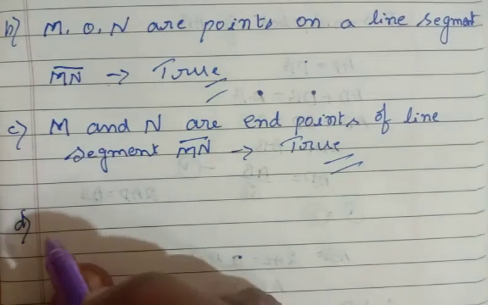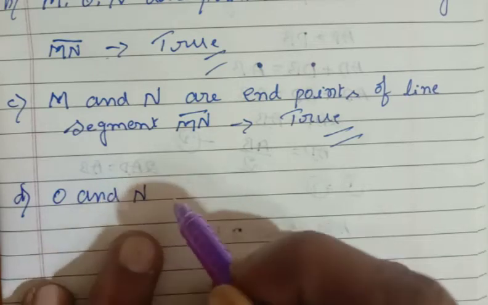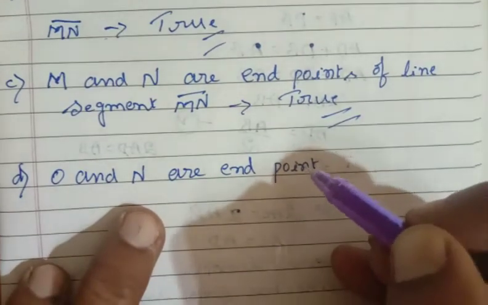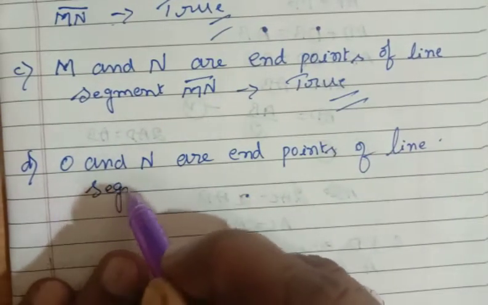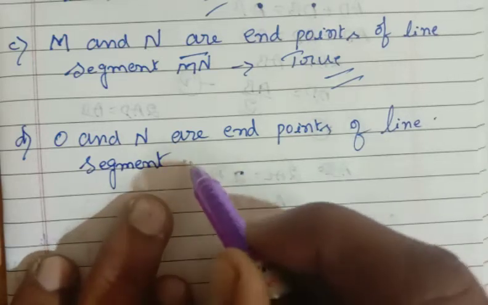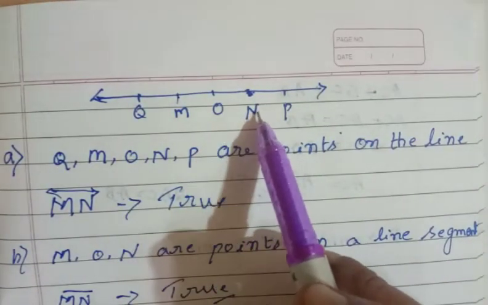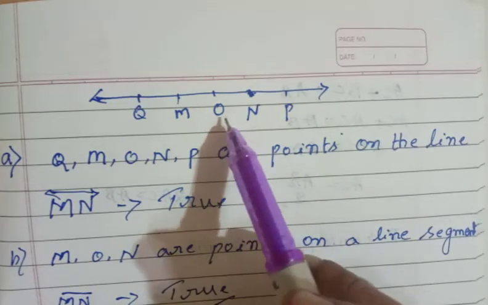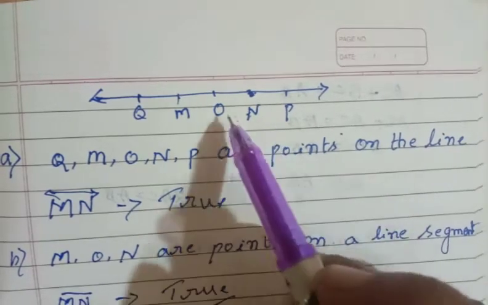Take D: O and N are endpoints of line segment OP.